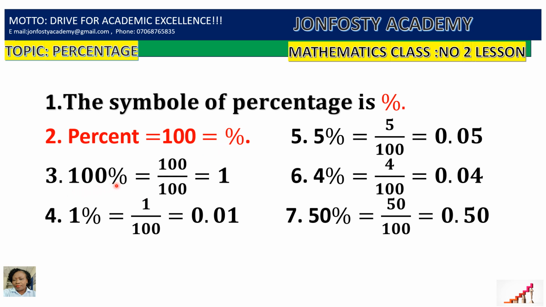For example, 100% is 100 over 100, which is equal to 1. And 1% simply means 1 all over 100, which is equal to 0.01. 5% is equal to 5 all over 100, which is equal to 0.05. 4% is denoted by 4 all over 100, and the answer will be 0.04.